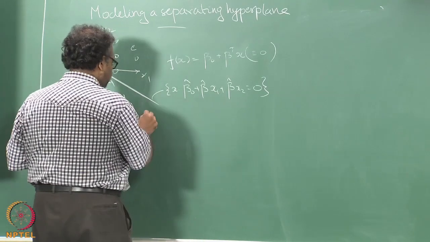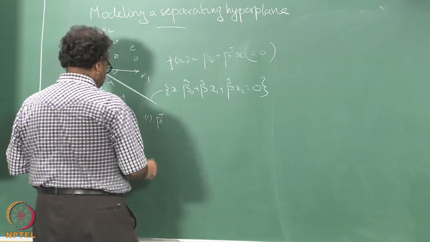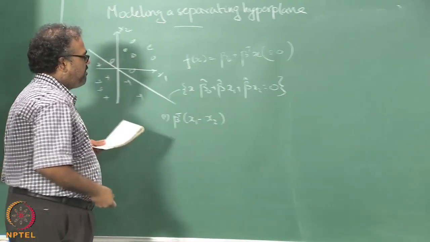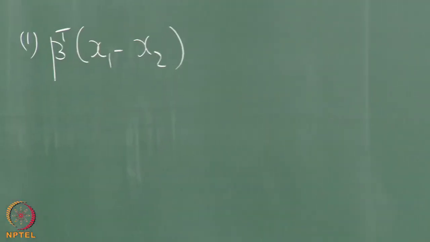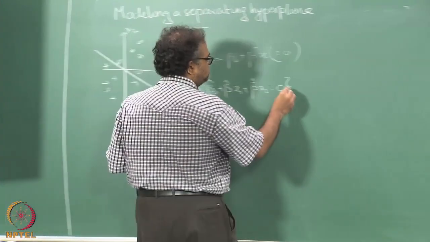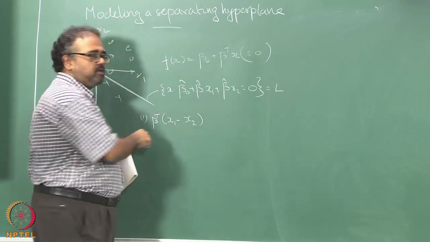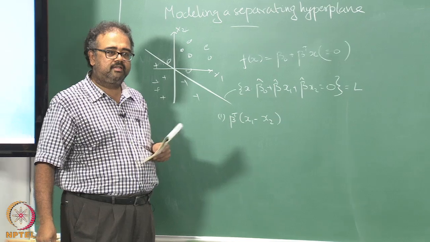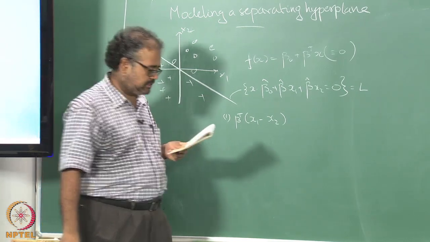So some properties here. If x1 and x2 both belong to the line, I am just going to call this L, then we know that beta transpose (x1 minus x2) will be 0.